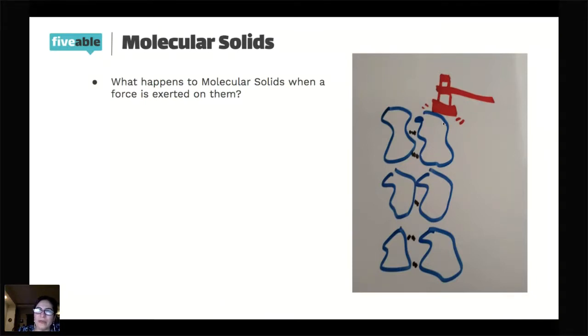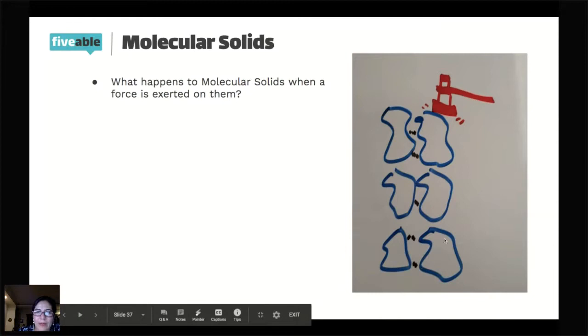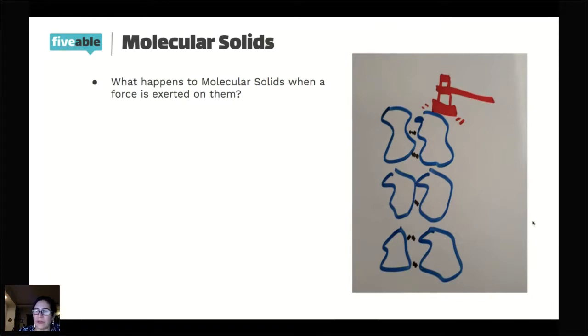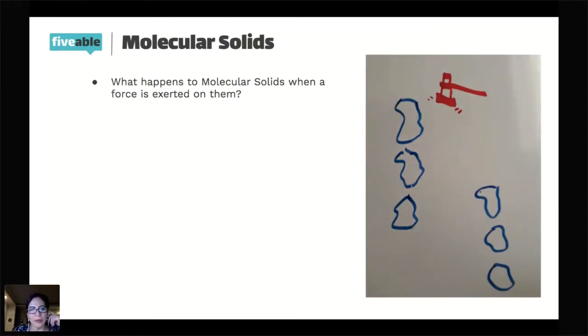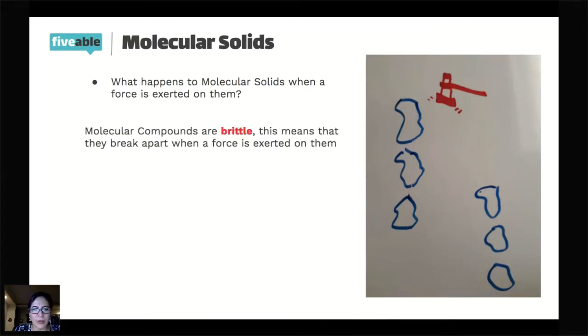Do you think this force will be able to break these intermolecular forces? Okay, the answer is yes, it would be able to break them apart, and then we will have two pieces of crystals. So molecular solids are also considered brittle. You can break them apart when a force is exerted on them.